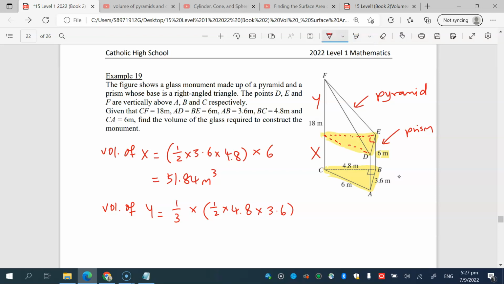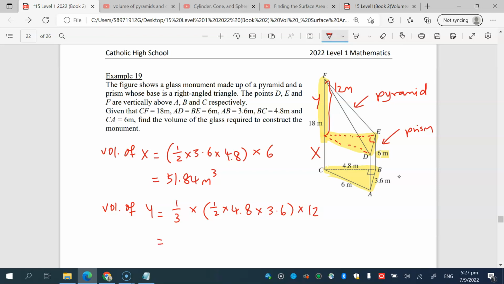So find the area of that triangle, which is half times base times height, and then multiply by the height. Now the height, we're only looking at this part over here because this is the part for the pyramid. So 18 refers to CF, correct? So we must minus away 6 in order to find out that this part is only 12 meters, correct? Because this part here is 6 meters. So times 12.